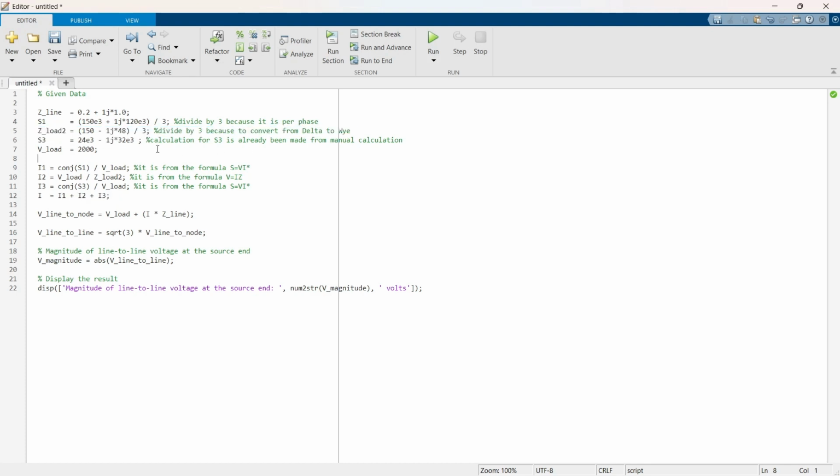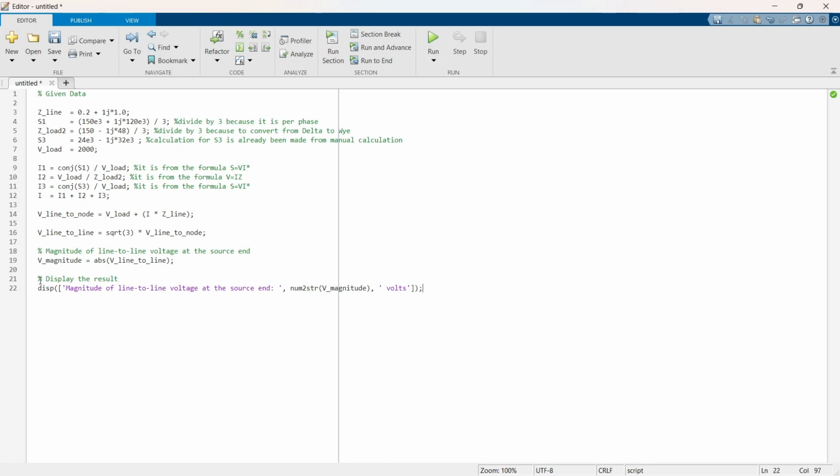As you can see, we have an imaginary part in here, and here also we would have an imaginary part. So to get the magnitude of V, we have to use absolute, so that it will only show the magnitude of the voltage and not the imaginary part.